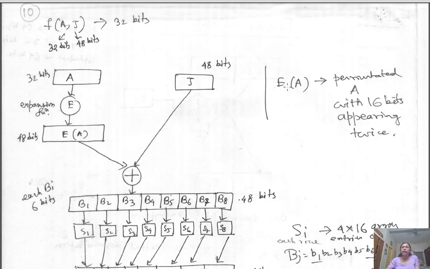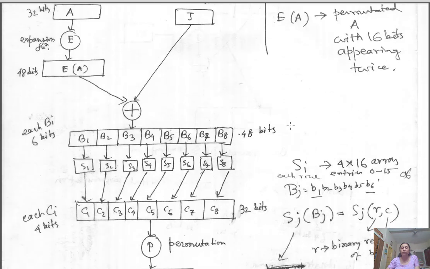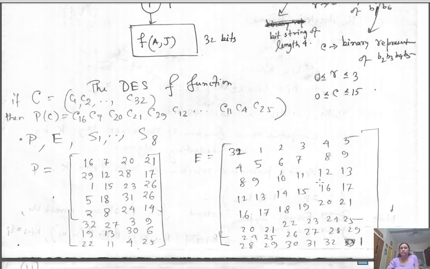If you apply E, the expansion function, on A, this is essentially a permuted A with 16 bits appearing twice. It is a shuffling of A with some bits appearing twice, so the 32 bits now become 48 bits. This permutation E is this function.